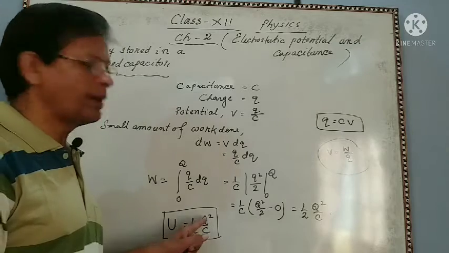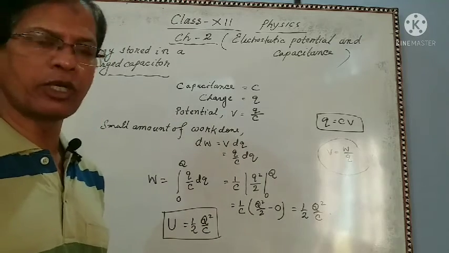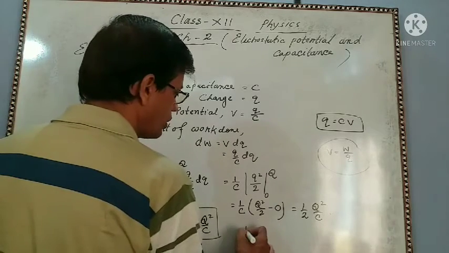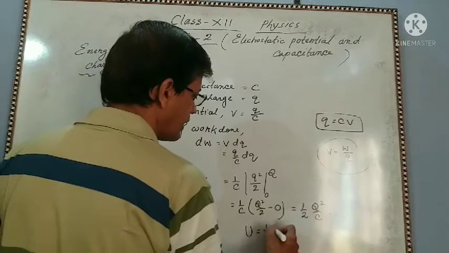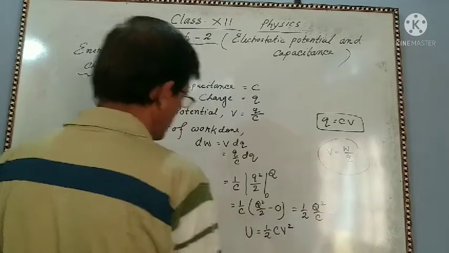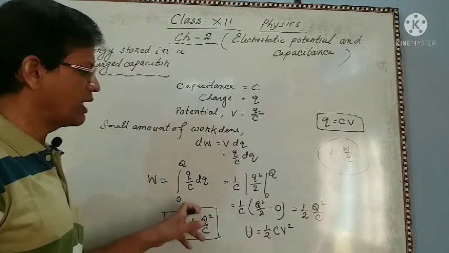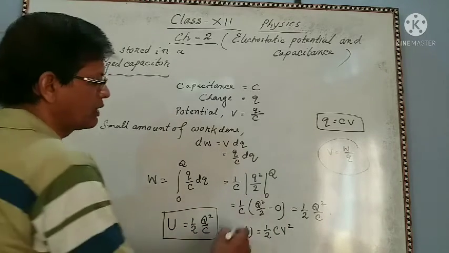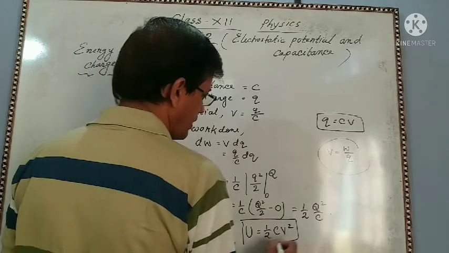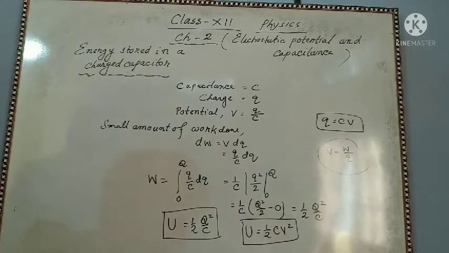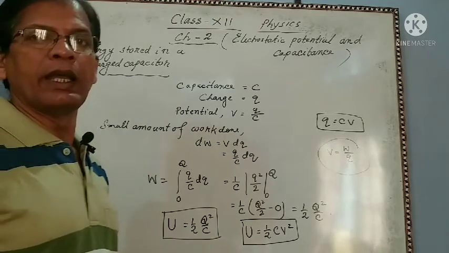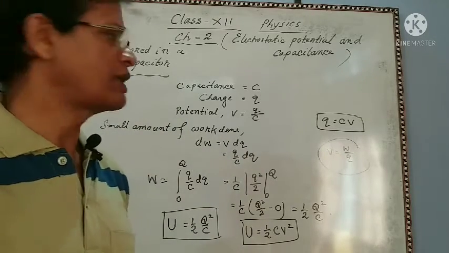And if you put the value of Q, you will also get U equal to half CV square. Q equal to CV, so C square V square, one C cancels, so half CV square. You will get this also. So this is the energy stored in a capacitor.